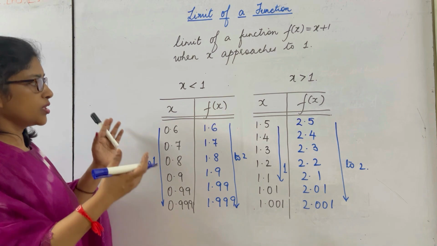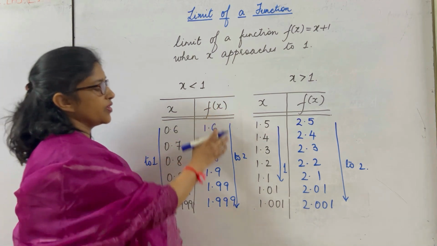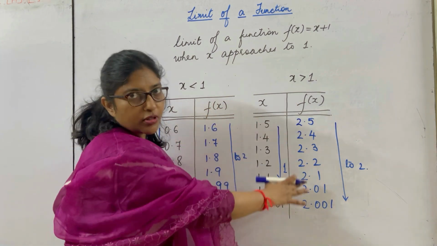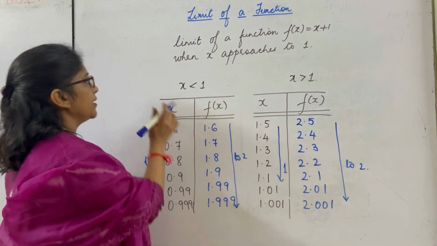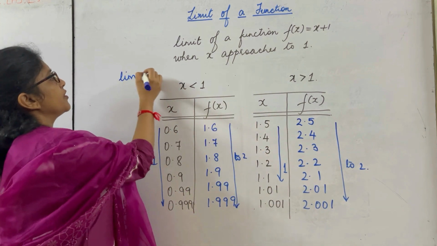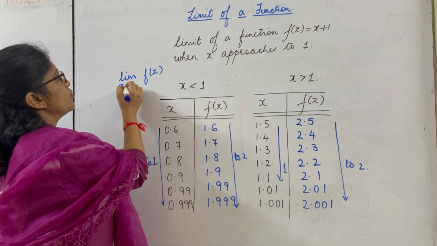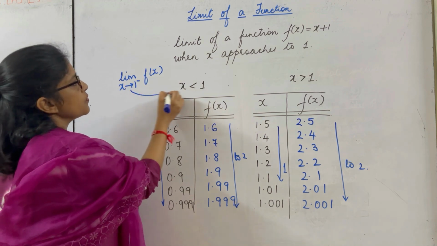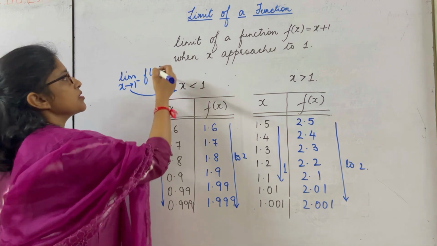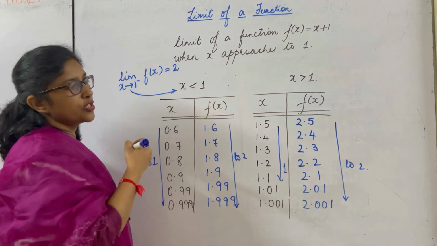We take values smaller than 1 and see where f(x) is approaching, and same way for greater than 1. We write this as limit of f(x) when x tends to 1 minus. When you write 1 minus, we mean x values are smaller than 1, and the value is coming to 2.